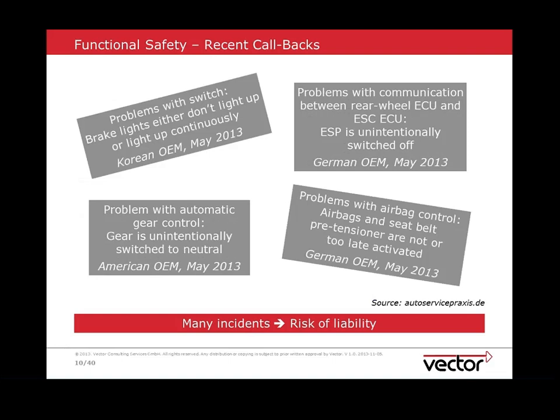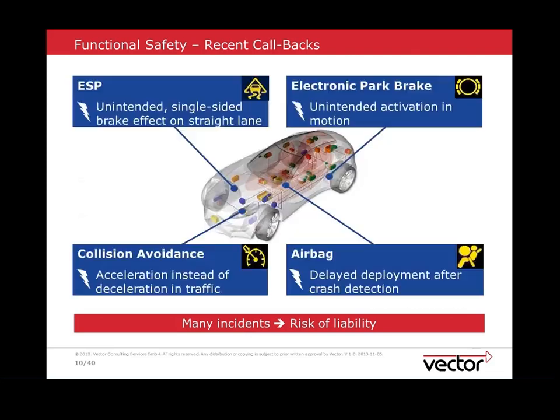What we can see is that in different parts of the world, we always have a similar perception, which is that electronic components do not work as they have been intended, and therefore there's a risk of safety-related malfunctions, and this, of course, includes then also the risk of liability.